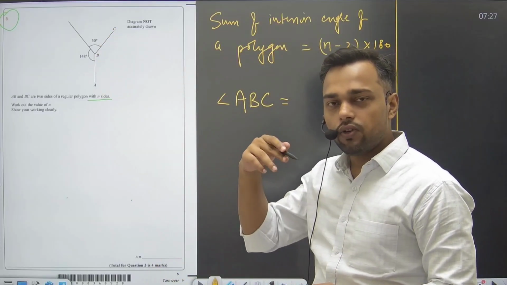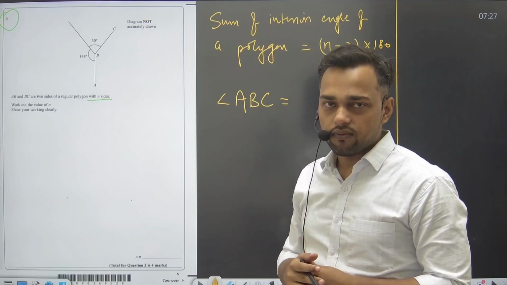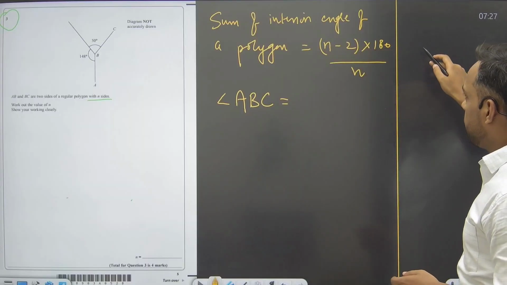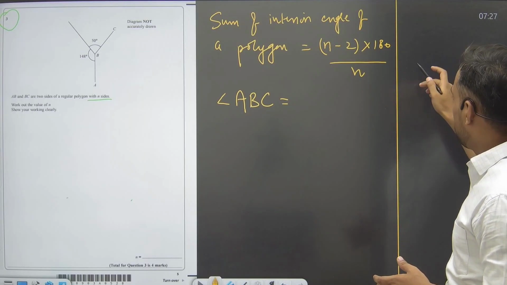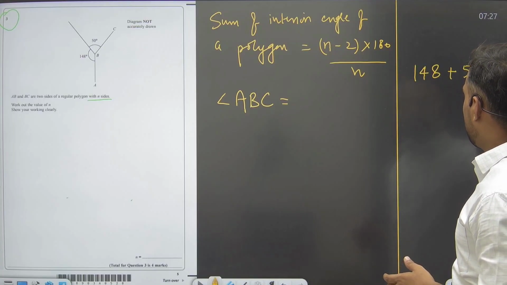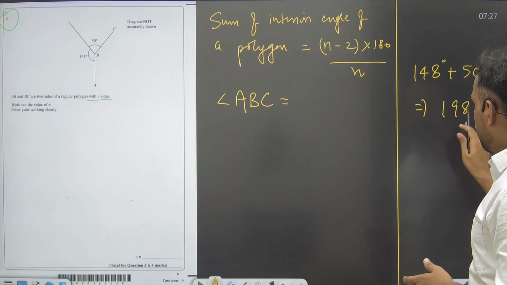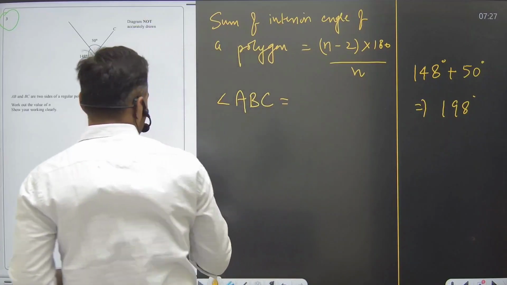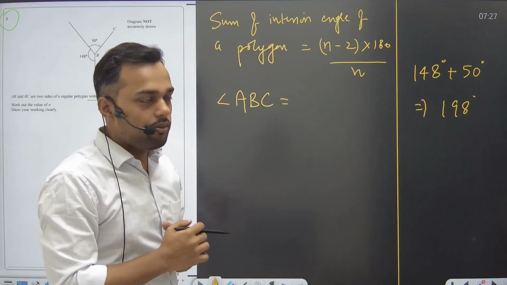But when you approach with that particular method, the answer will be negative. Majority of the students will write like this. They will get the angle 198 degree and plug in the values, and then the solution will be wrong. Why it will be wrong, I will be discussing here.